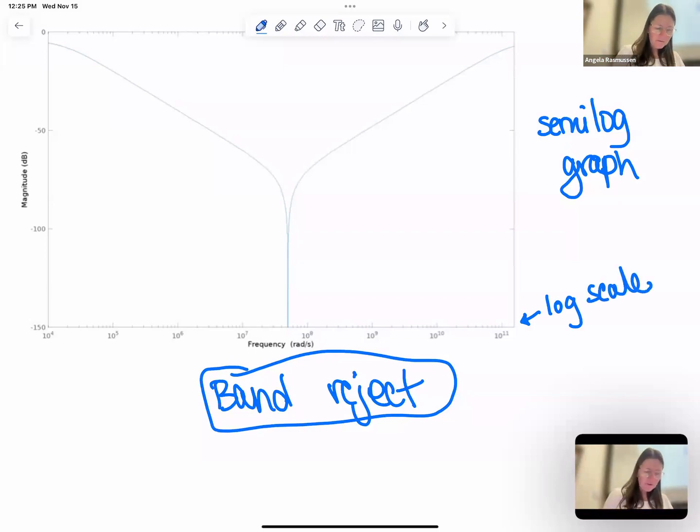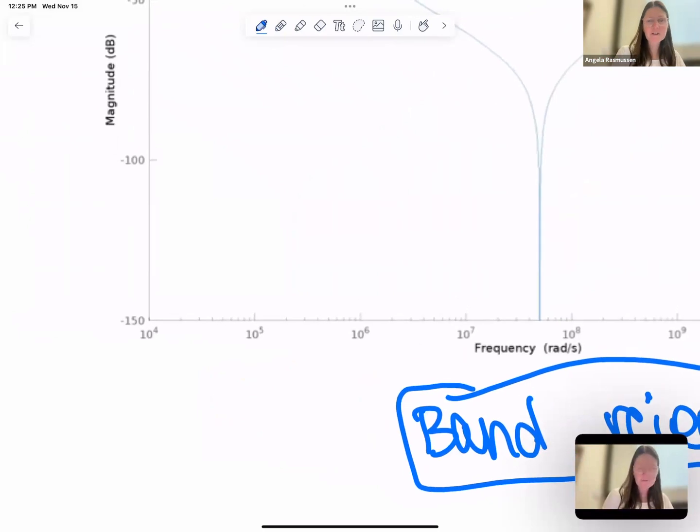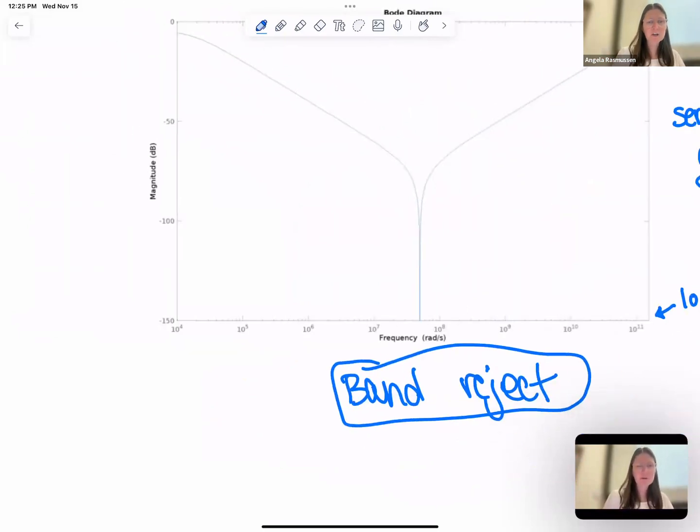You can see how each tick has a big gap and then smaller and smaller gaps. That's because it's in a log scale on this side. So the x-axis is in a log scale and this is a normal scale.